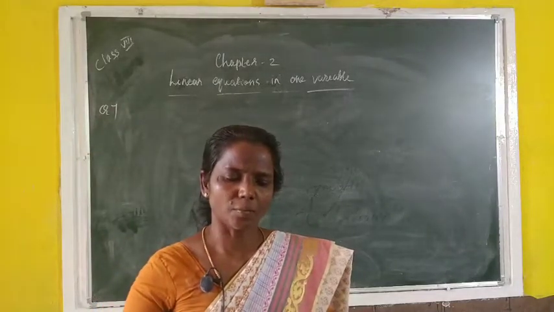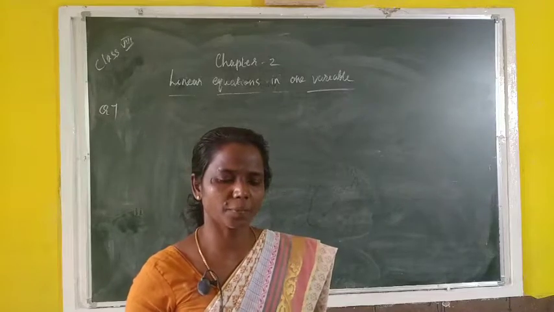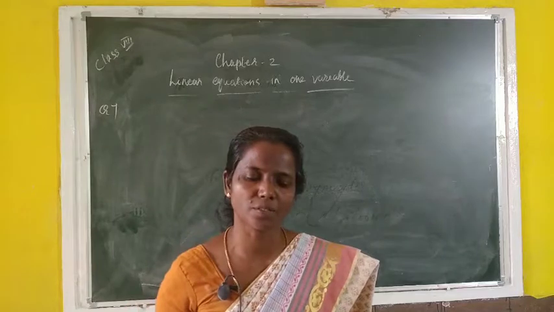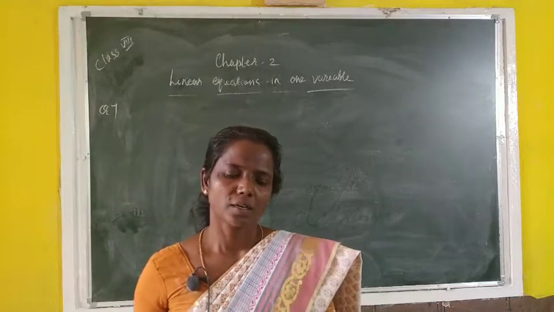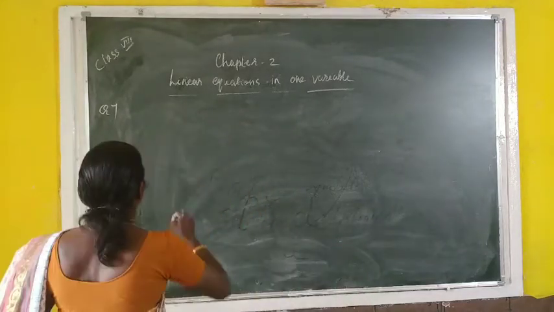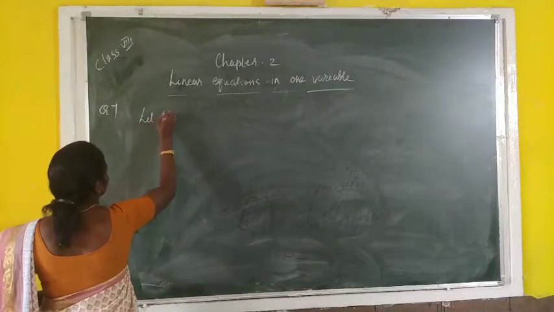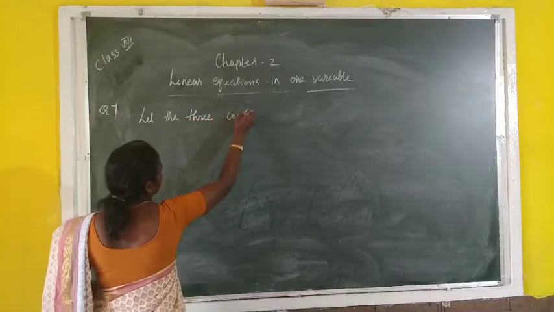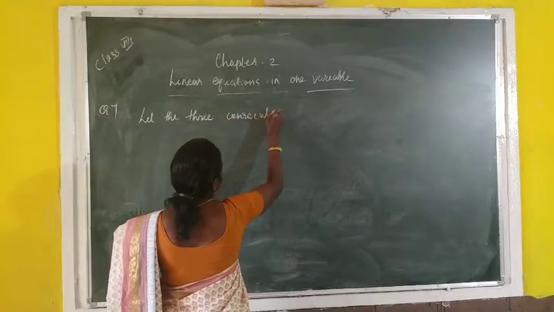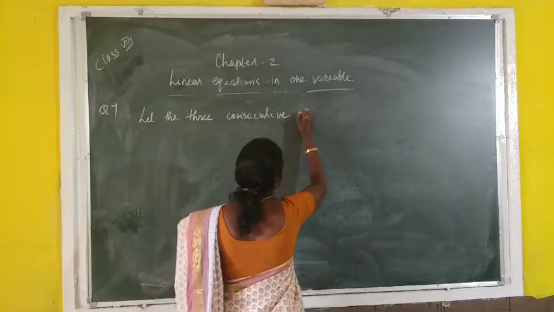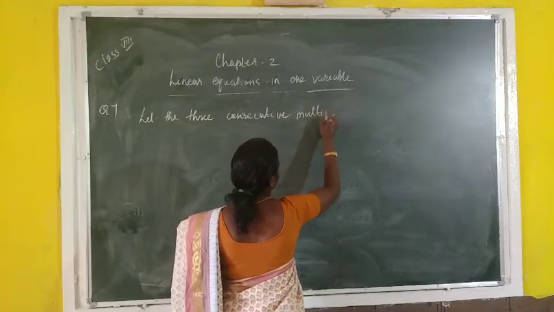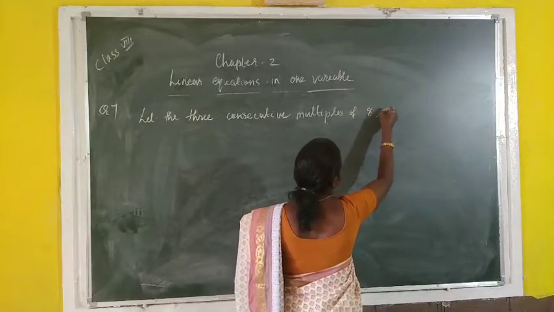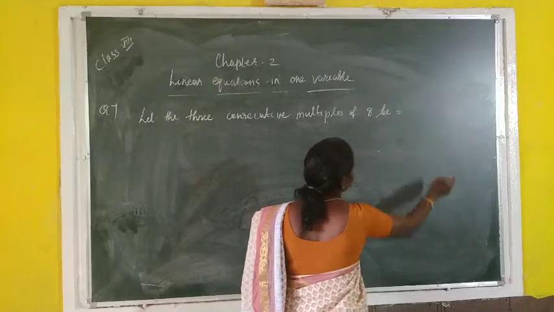Then the sum of 3 consecutive multiples. So we take like 3 consecutive multiples of 8.